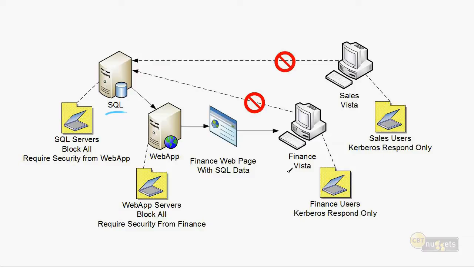All right. Then here for finance, well, guess what? We don't want them to access all of the data, so they can't communicate directly with the SQL server. Instead, we have our SQL developers and our web developers work a specific web app, and they cobble it together that will get only a specific narrow scope of that SQL data into a web page that our finance people can then use.